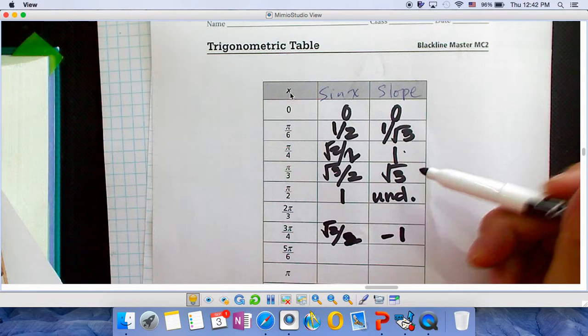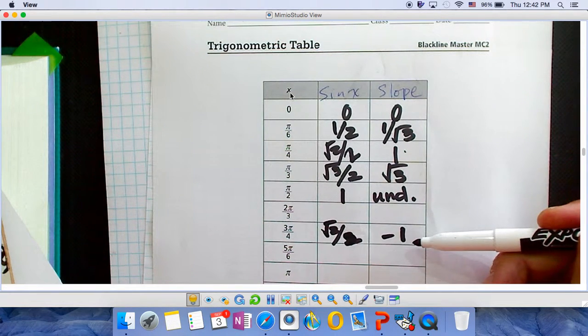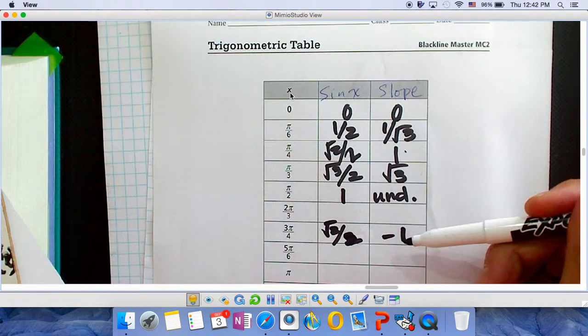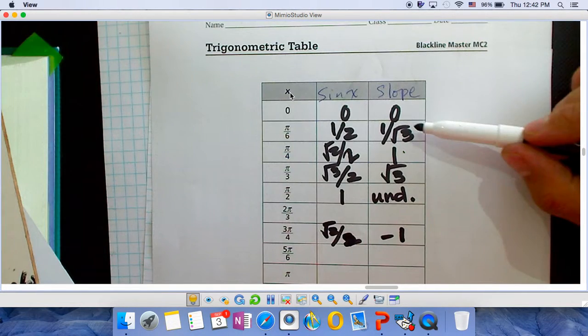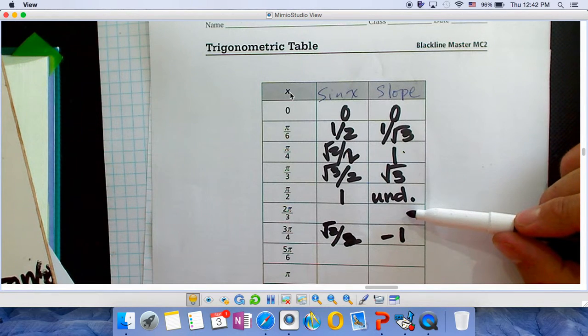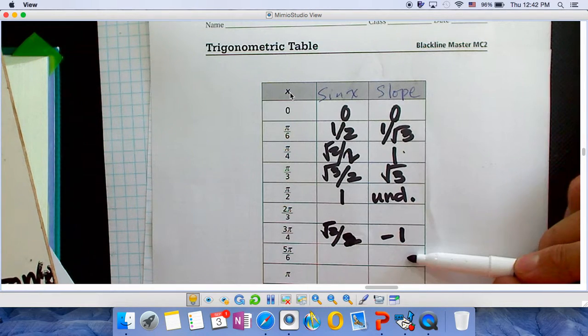You see, if you compare this guy to this guy, it looks pretty much the same, so that can probably apply for these two guys. So pi over 6 and 5 pi over 6, this guy to this guy, right?